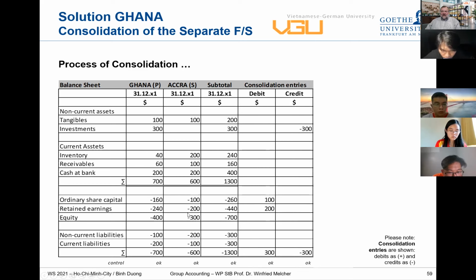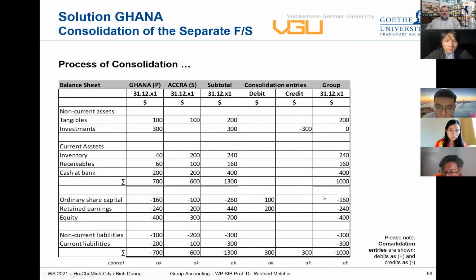So in the end, you have debited the equity by 300. I have just not put in the subtotals to make it more visible. In practice, you will, of course, have some subtotals here. So I just made that a little bit easier for you to read.